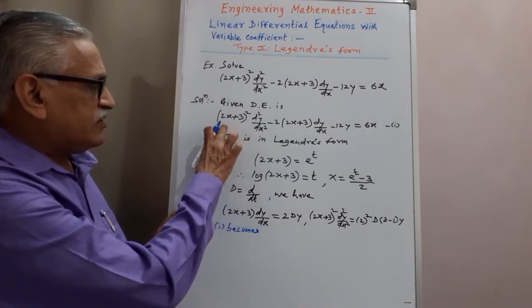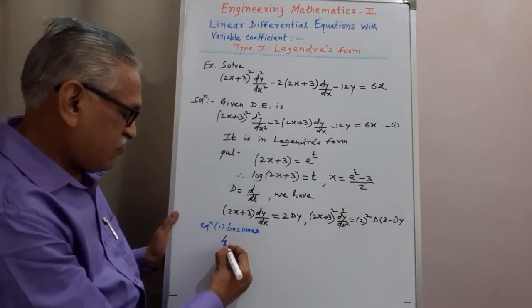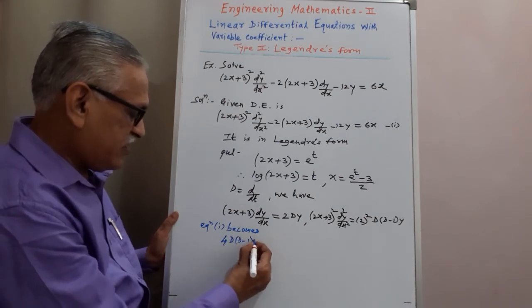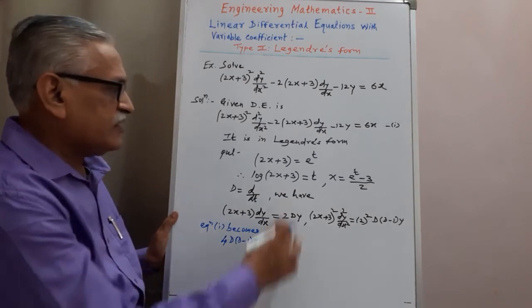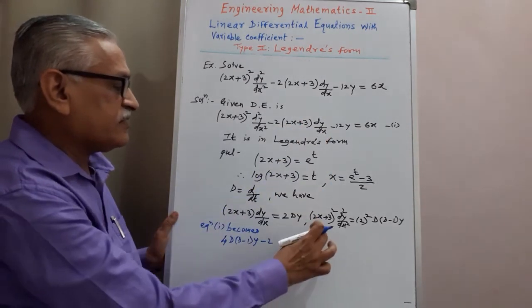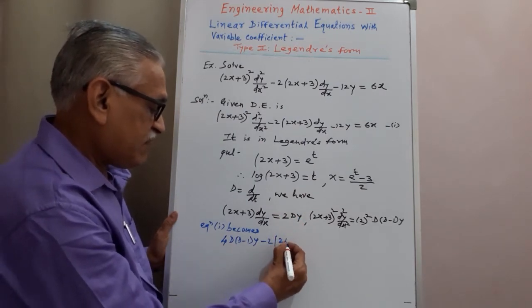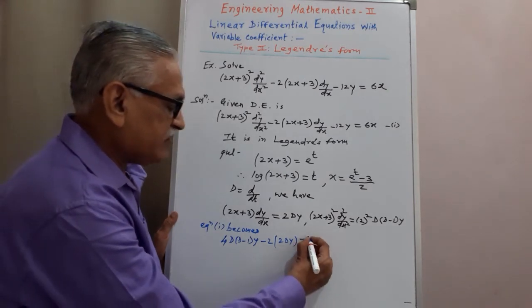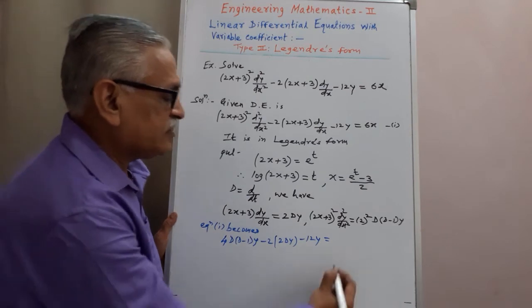Therefore we replace this term by this: 4D(D−1)y − 2 times (2x+3) dy/dx, whose value is 2Dy, − 12y, and that is equal to 6x.